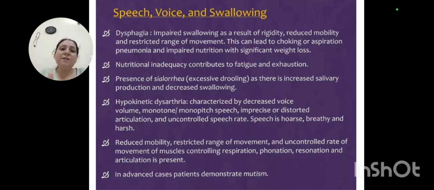Because of all this, the person stops communicating, because the second person, with whom we are communicating, is not able to understand what you are saying. So in advanced stages, the patients demonstrate mutism.